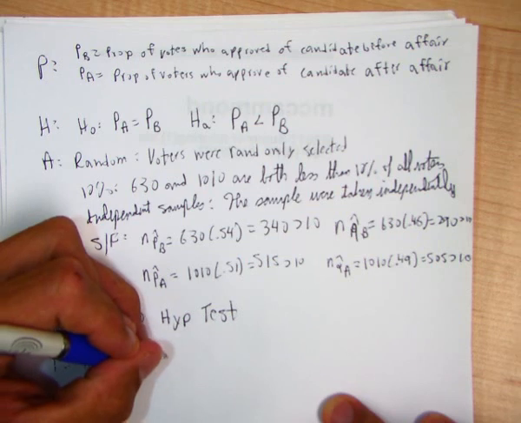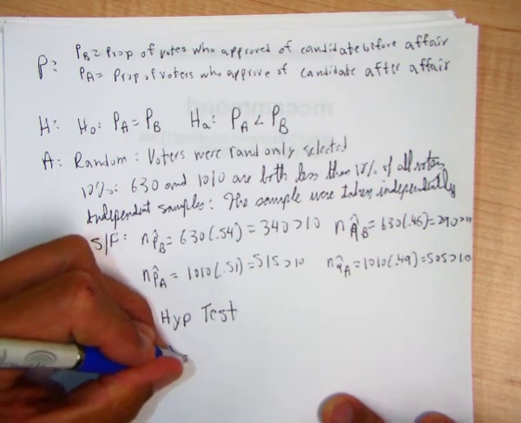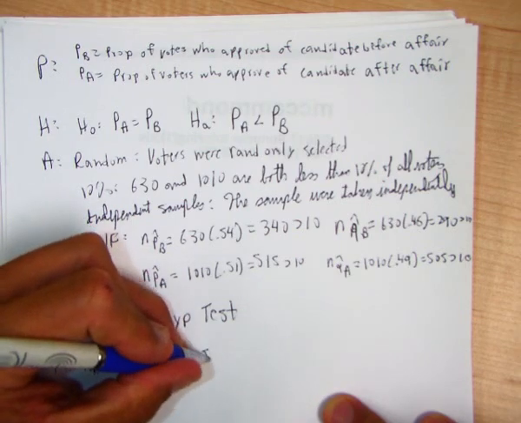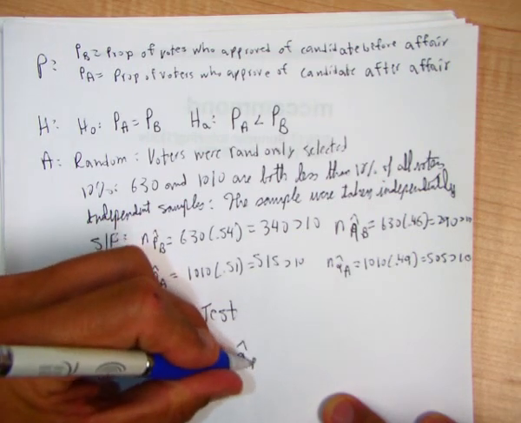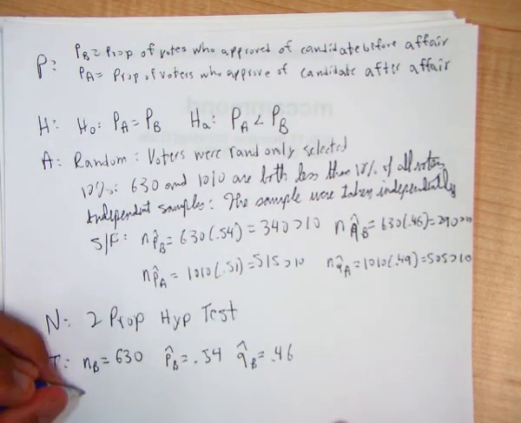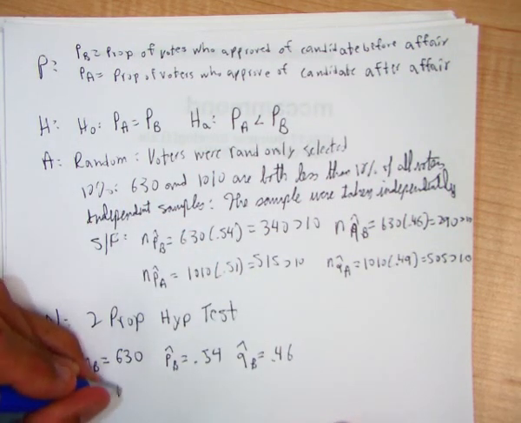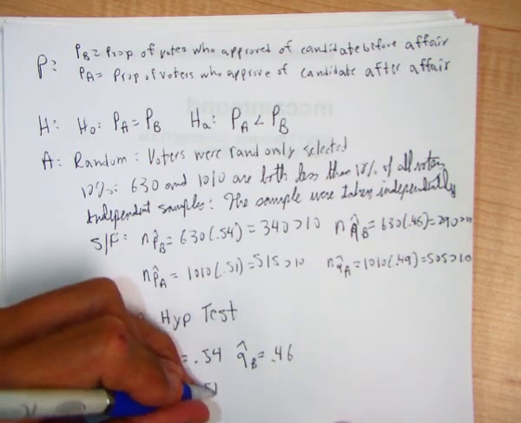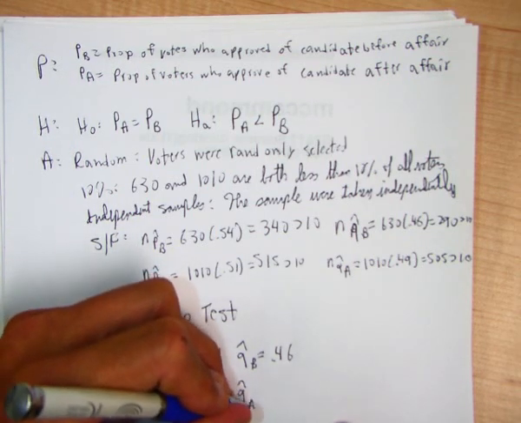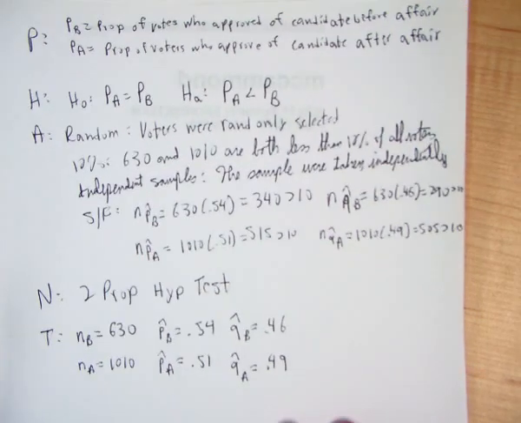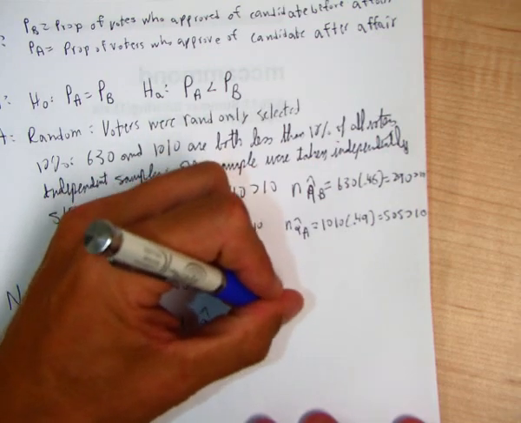P hat before is 0.54. Q hat before is 0.46. The number after is 1,010. P hat after is 0.51. Q hat after is 0.49.